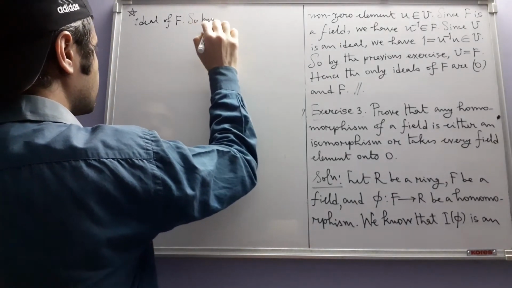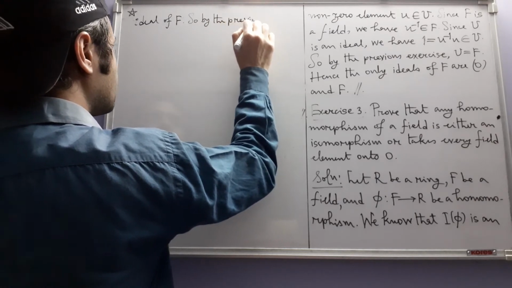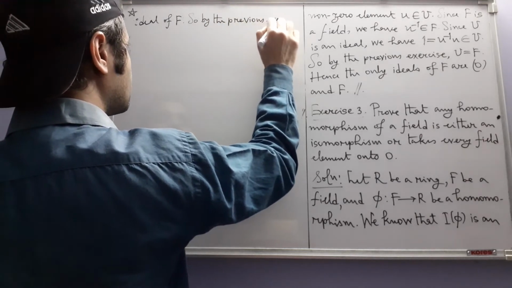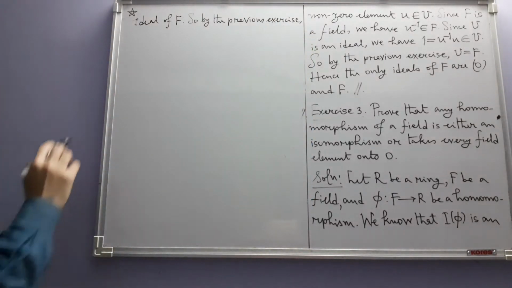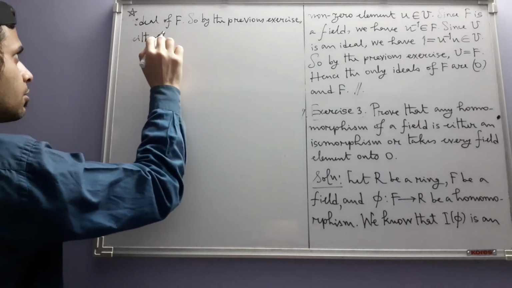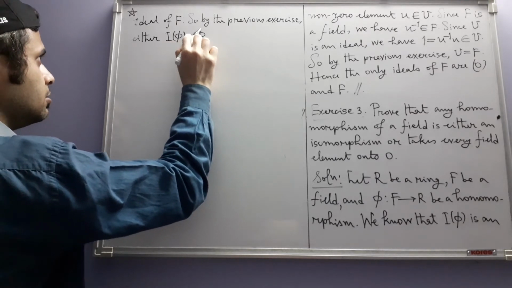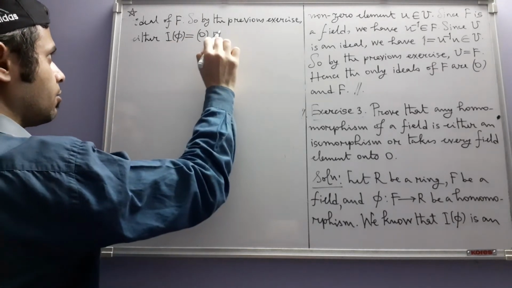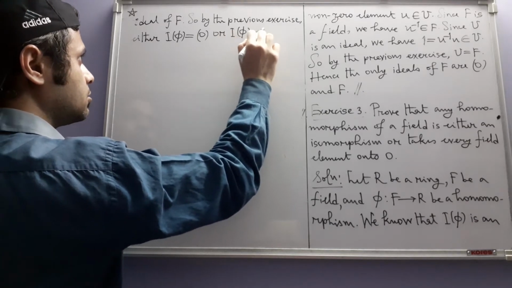So by the previous exercise, either I of phi is the zero ideal or I of phi is F.